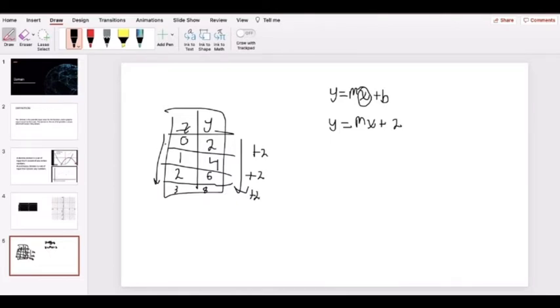This way it's just adding 1, 1, and 1. Since the pattern is adding 2, the m, which is the slope, would be 2. Y equals m. Oh, sorry, I made a mistake right there.